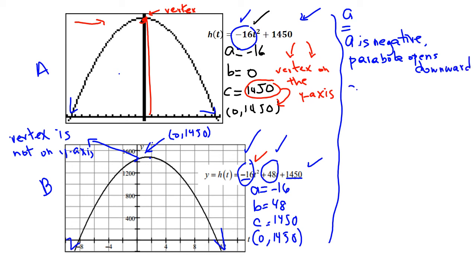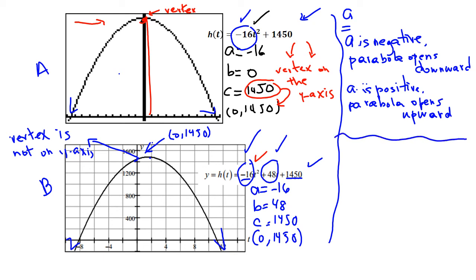Now, when A is positive, the parabola is going to be opening upwards. Now let's go with B. When B is equal to 0, the turning point seems to be on the y-axis. When B is not 0, the turning point is not on the y-axis.